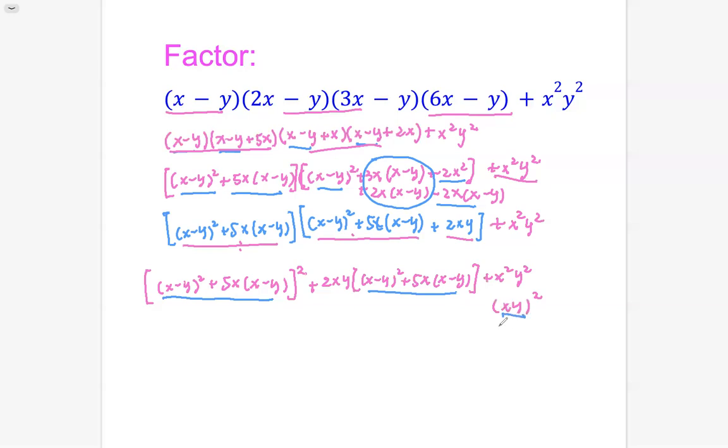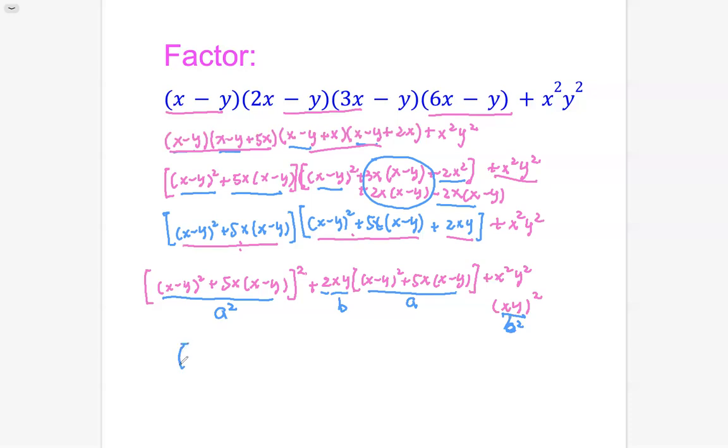Treating this as b, treating this as a, we have a squared plus 2ab plus b squared. So I can write as a plus b squared.